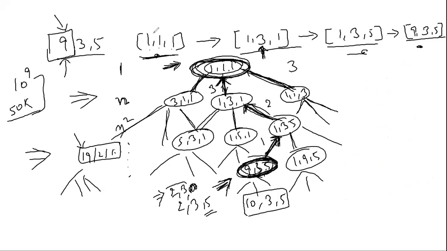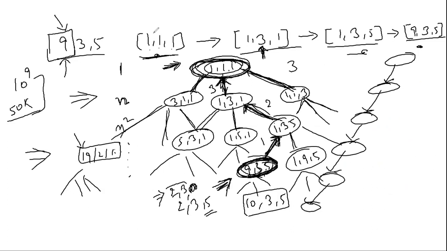But suppose there was a tree like this, going on forever. I saw a test case where you have 10,000 or 100,001. So what is happening? We are always changing this value, and we are taking one step at a time.